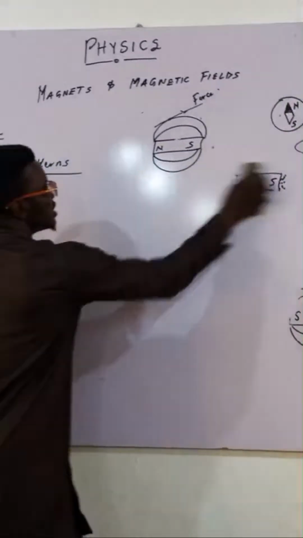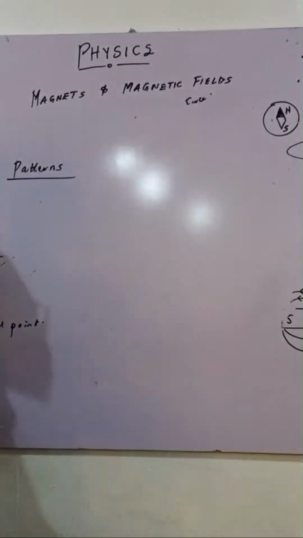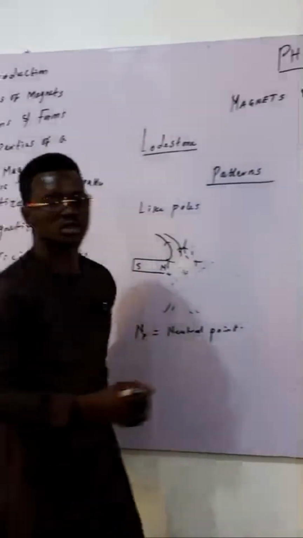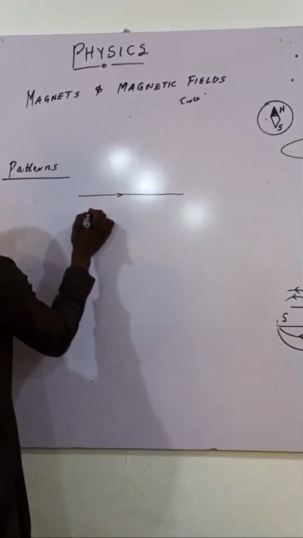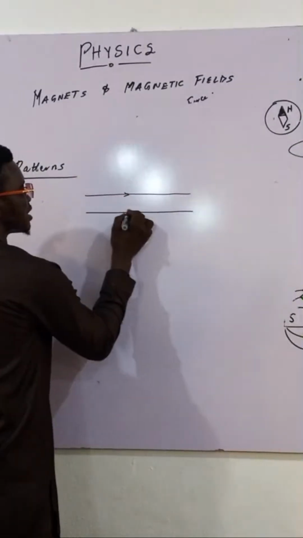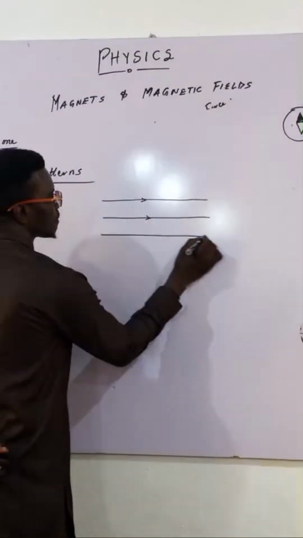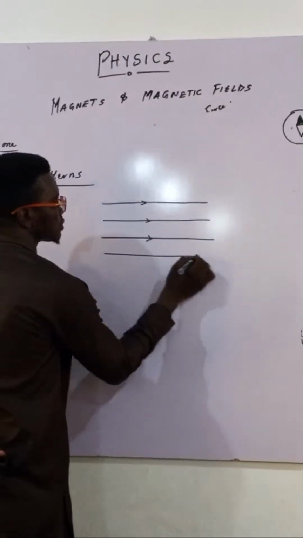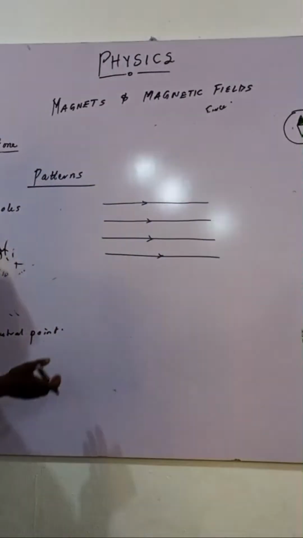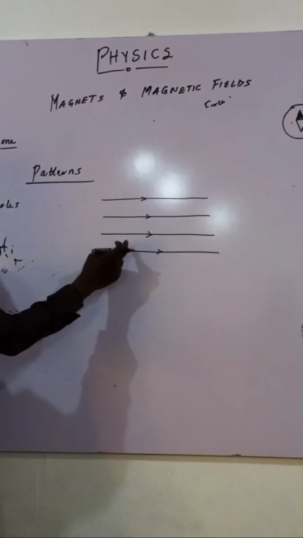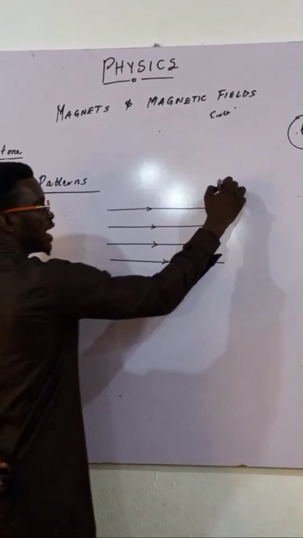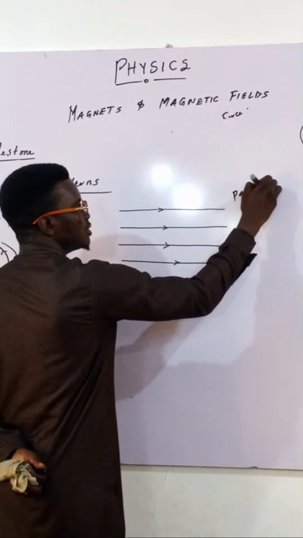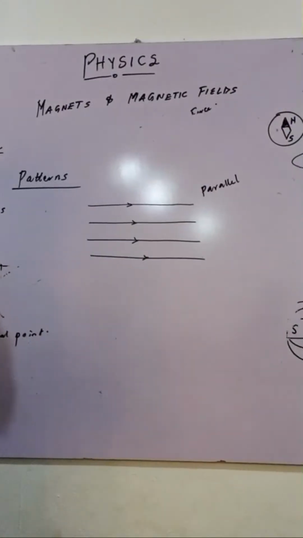So what am I saying here? If they tell you that there's a uniform magnetic field, my hand might not be up to scale now, but just understand what I'm trying to say. When you see that the space between the lines is equal and they go in the same direction, parallel like that, then the field is uniform.